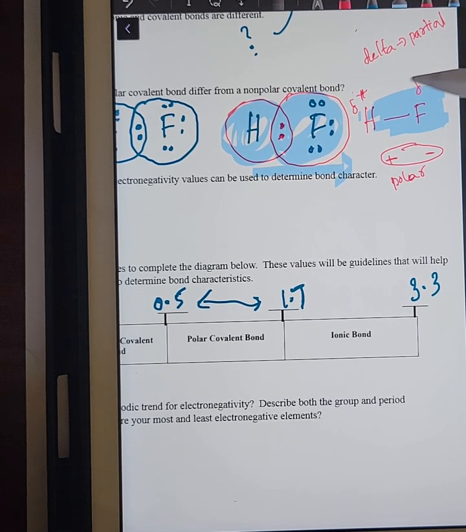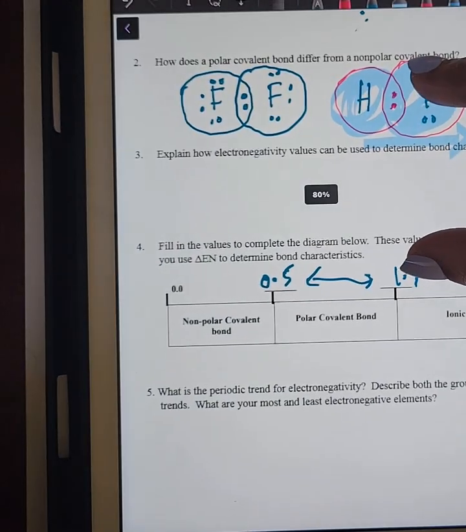That results in an unequal distribution. That type of bond is called what? Polar covalent bonds. And this is very important, because of the polarity we are all living. Otherwise, water would be a gas. Yes, we will get into that in a minute. Okay.